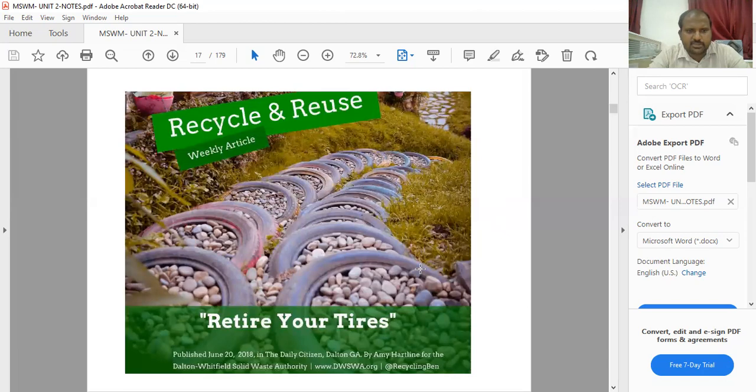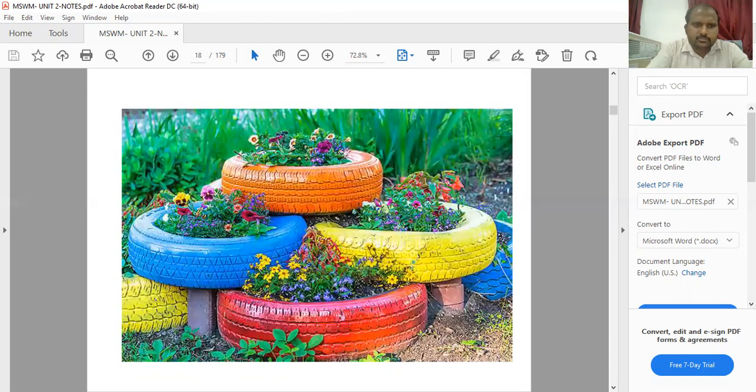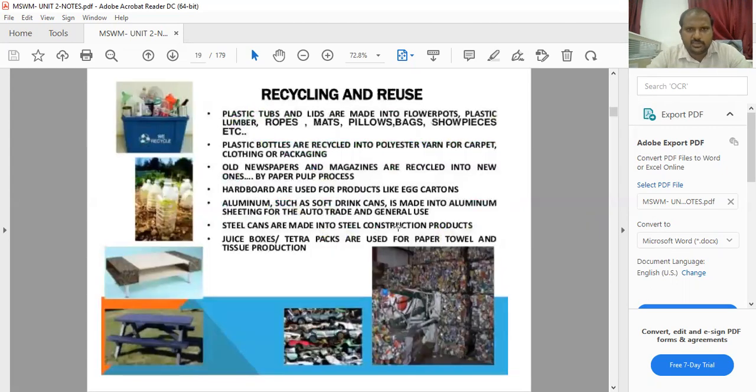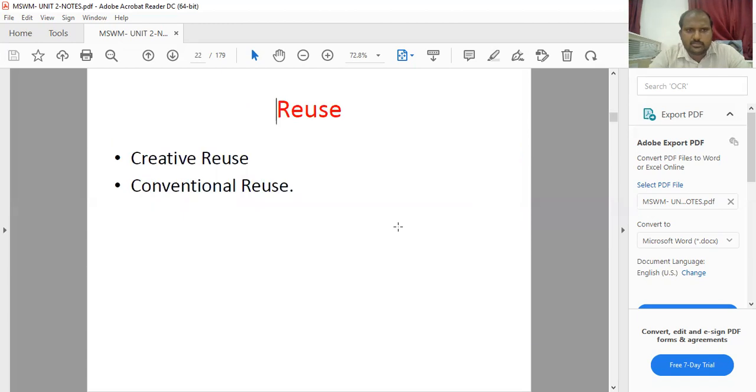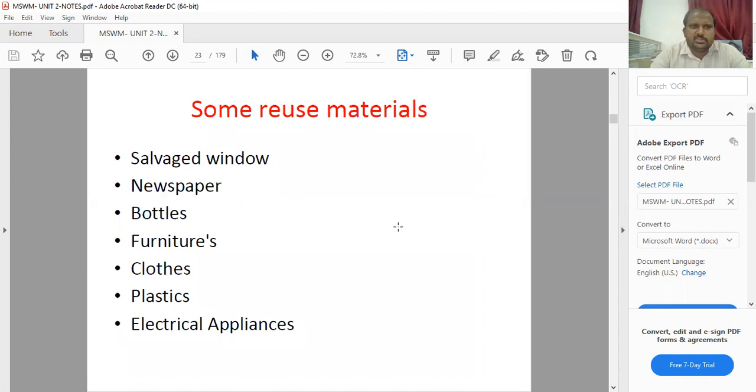This picture shows reuse products from real-time solid waste. Some reuse materials are salvaged windows, newspapers, bottles, furniture, clothing, plastics, and electrical appliances.